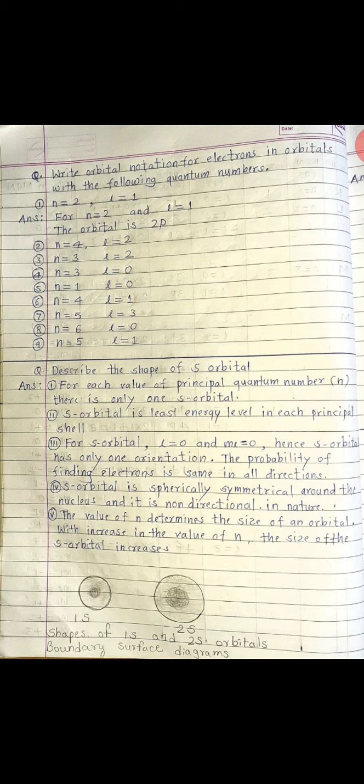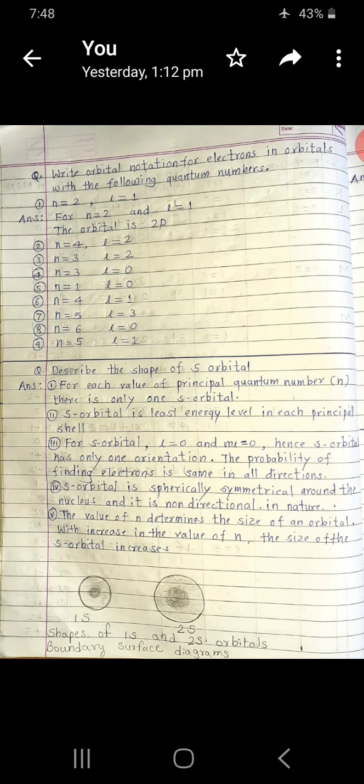The d subshell contains 5 orbitals, dxy, dyz, dxz, dx²-y², and dz².